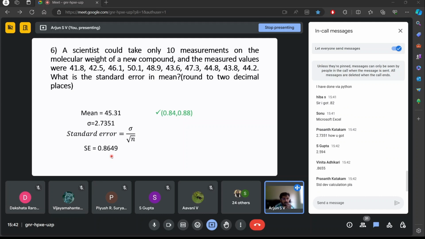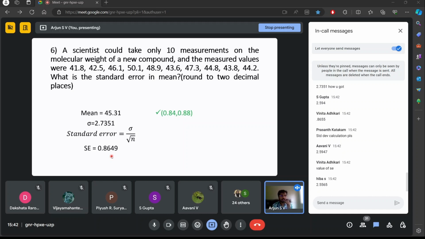Vinita, 0.8655 is correct only. 2.5947. So Gupta is also saying 2.594. Yeah, Vinita, you are correct.